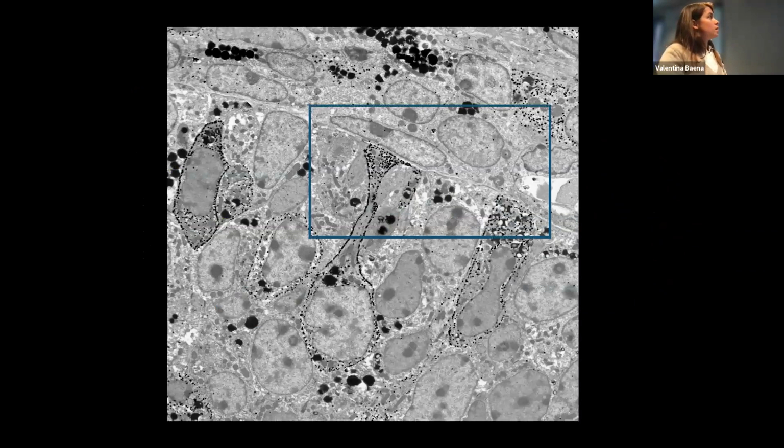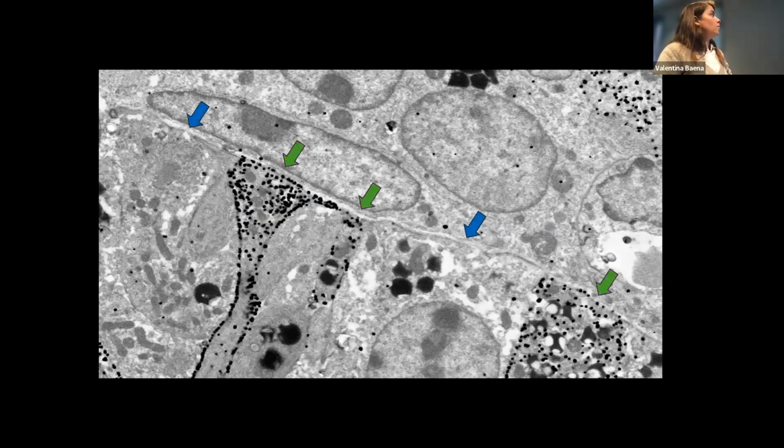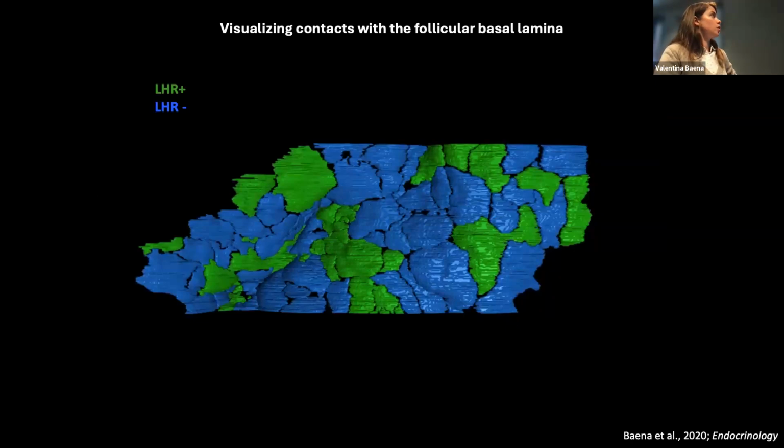Something else we can do is, remember I told you the follicles are surrounded by a basal lamina where the blood vessels are here. The blood vessels carry the blood with luteinizing hormone, which is what eventually ends up triggering ovulation. And we can start to look at what those contacts look like. So again, positive cells, negative cells right next to each other.